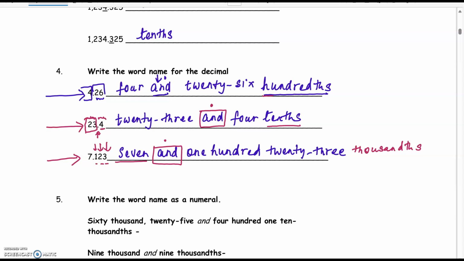So hundredths for 2 decimal places, tenths for 1 decimal place, thousandths for 3 decimal place values, and we keep going. Ten thousandths for 4, hundred thousandths for 5 decimal places, and so on.